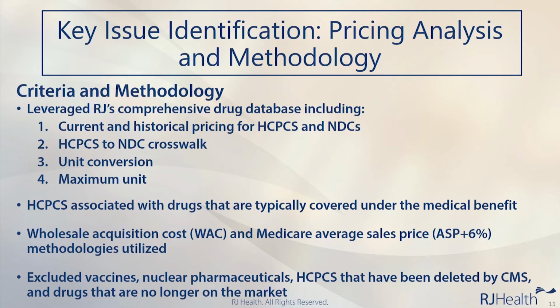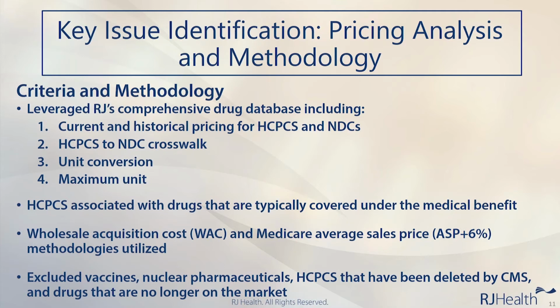We also looked at our HCPCS to NDC crosswalks, our unit conversion, being how many HCPCS units are in a specific NDC, as well as our maximum unit, because that is a reflection of the maximum dose that you would expect in the majority of cases that a patient should be receiving. That's a good indicator of potential overutilization, which then ties back to utilization management programs, as well as any other type of disease state management program you might have for a specific condition.